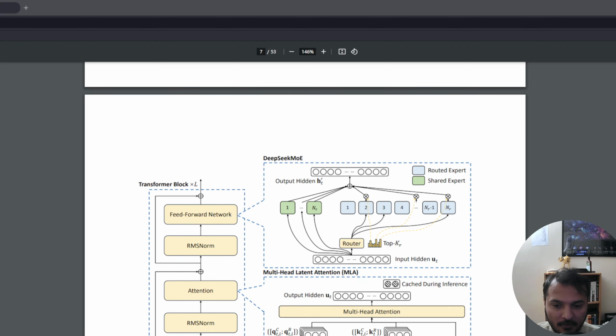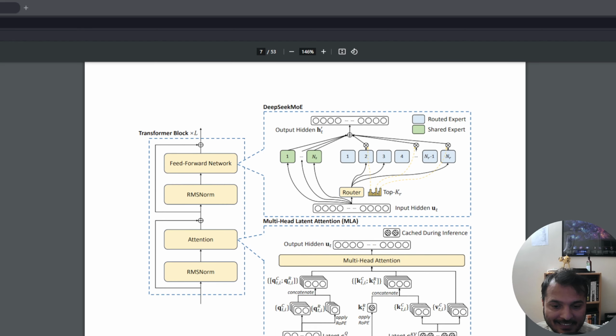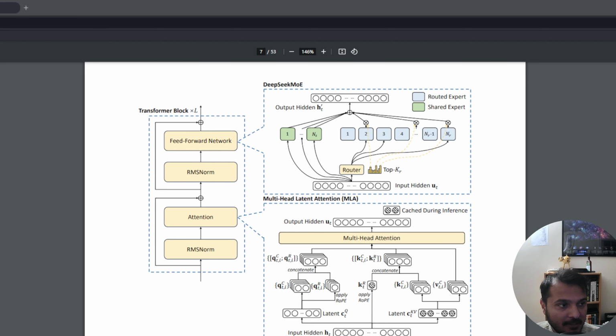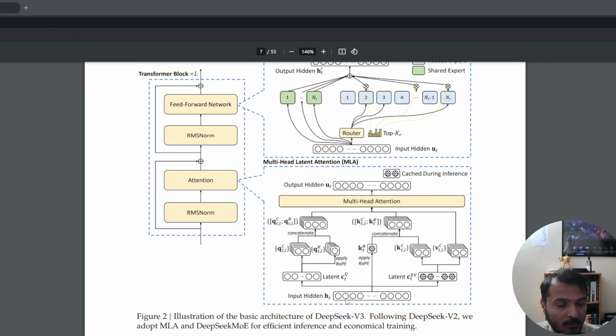So a couple of things. What they do is they have this latent attention, MLA kind of thing, where as soon as your token comes in, a latent representation is generated for your input sequence. For each of them, a latent representation is generated, which is a smaller dimension representation, which is then upcasted into query, keys, and value matrices. So you have two latent representations, one for a query and one for key and value.